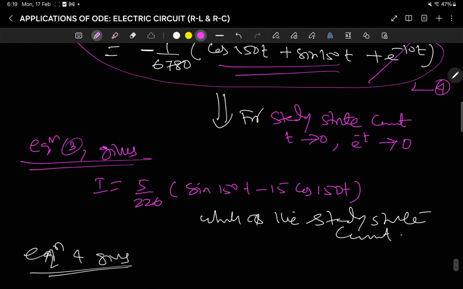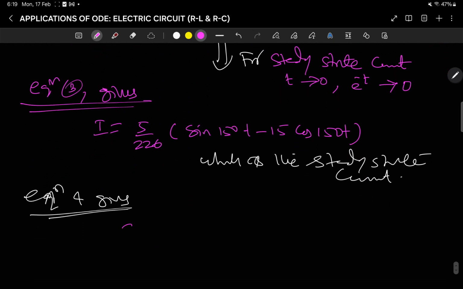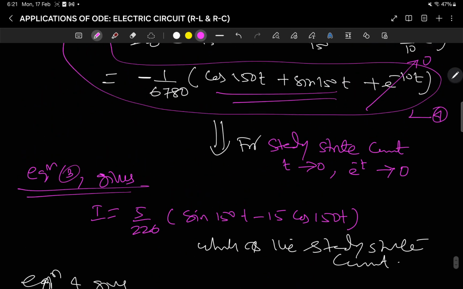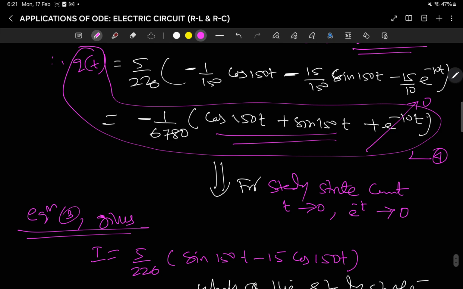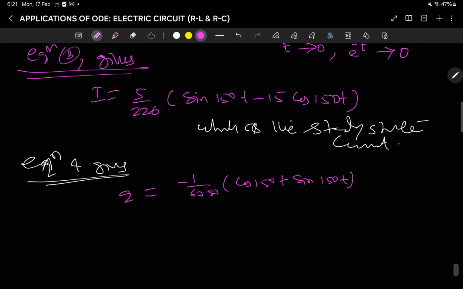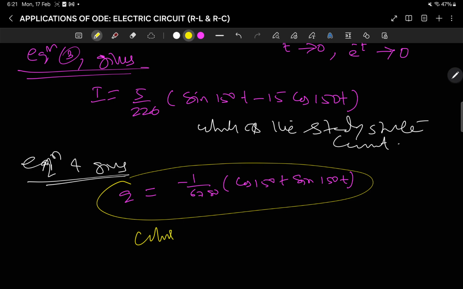So this will give you Q is equal to this, taking t tends to infinity, this is 0, so it will give you this, which is the steady state charge. Okay, in that way we have completed it.